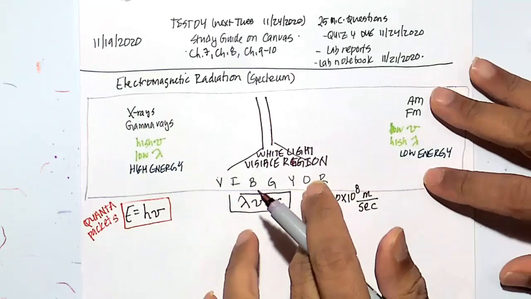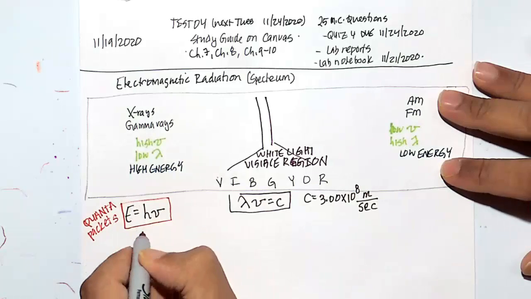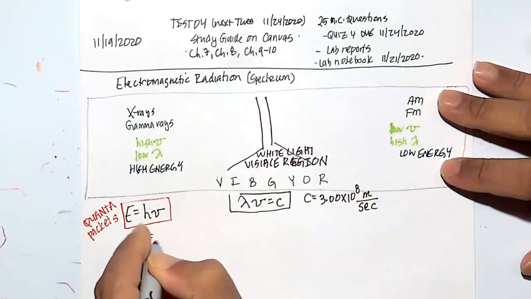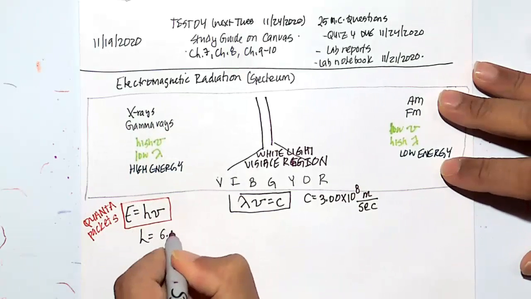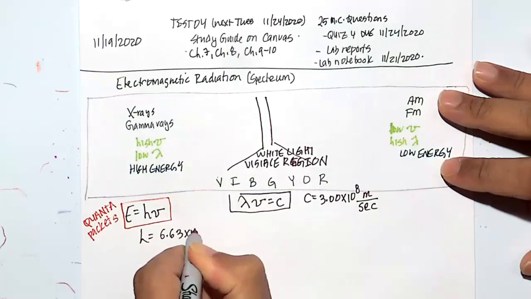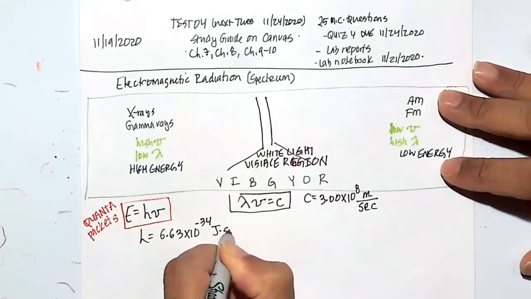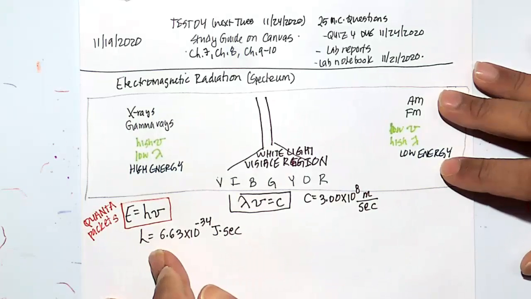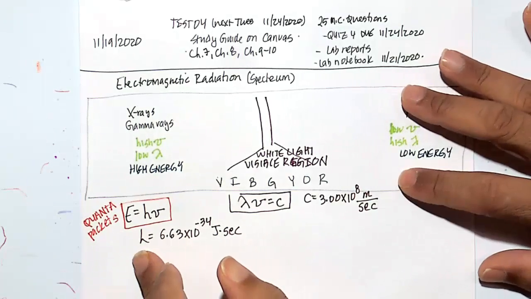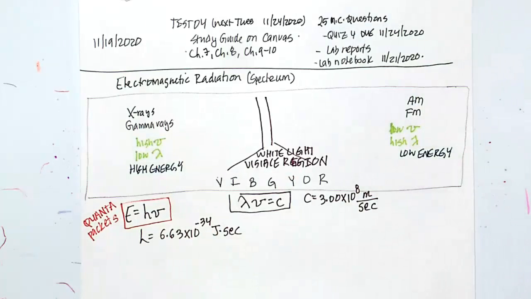So that's a constant. I'll give that to you. h is Planck's constant. I'll give this to you as well, and it's about 6.63 times 10 to the minus 34 joules times seconds. Not something you need to memorize, but it's a constant that tells you how much energy is involved in these different areas of the electromagnetic spectrum.